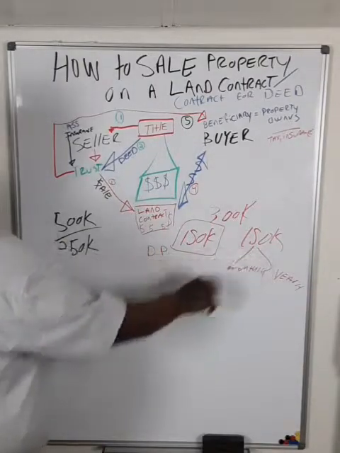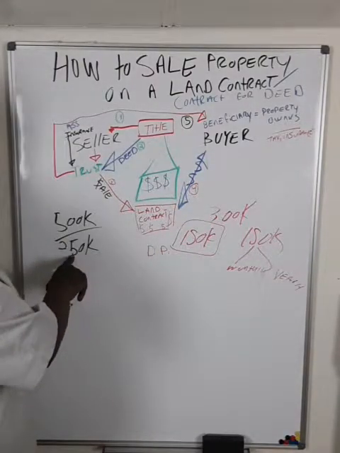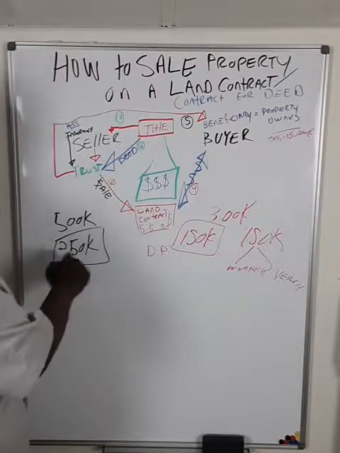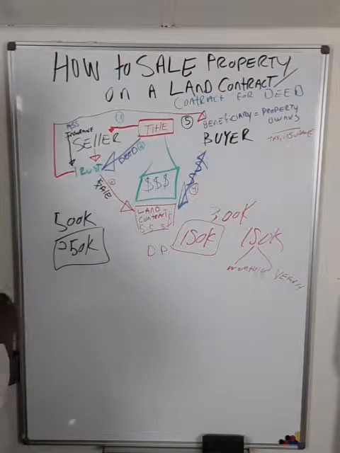So you can offset that $150,000 next to your $250,000 allowance if you know how to do that. So that's one way to look at it.